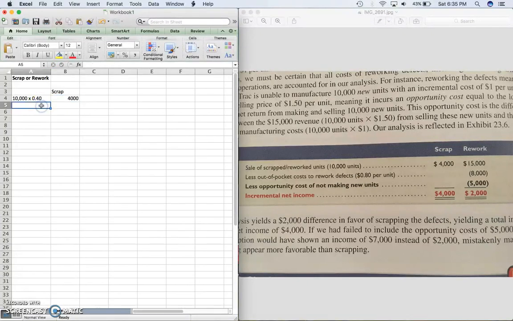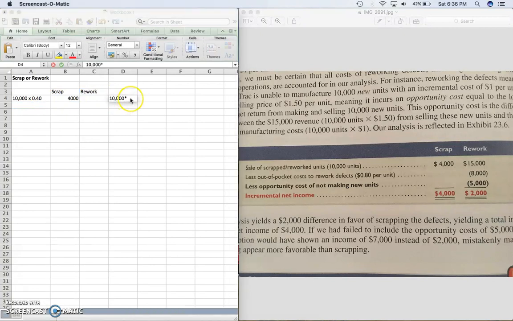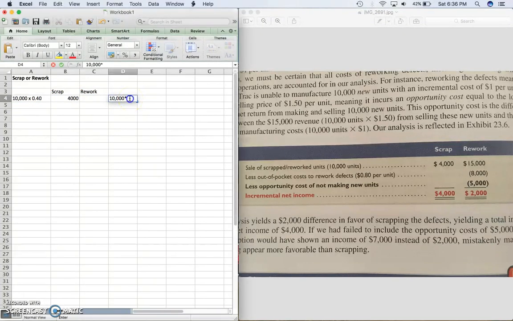And then for rework, it would be 10,000 times the $1.50 for the full price of selling it. So that is 10,000 times 1.50, which is 15,000, and that's shown over here.